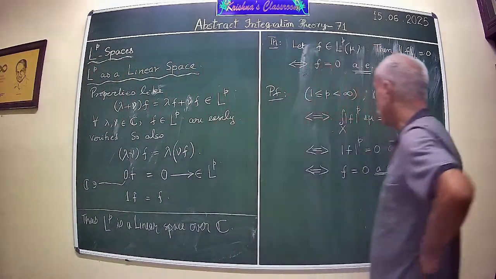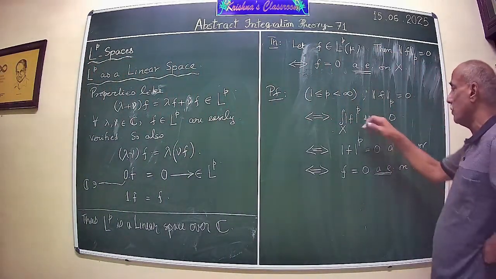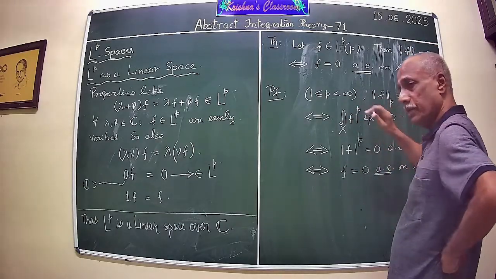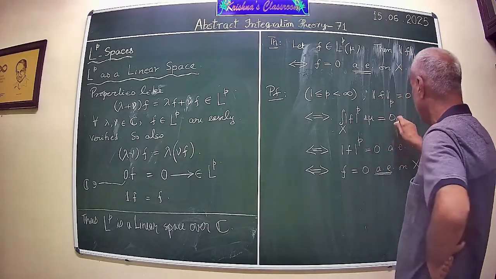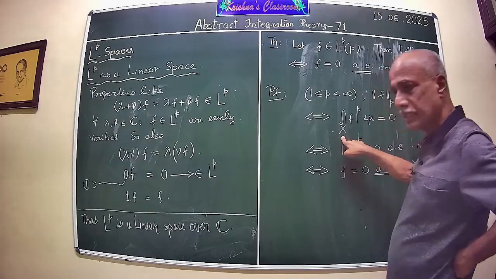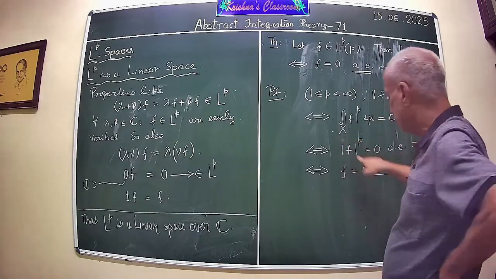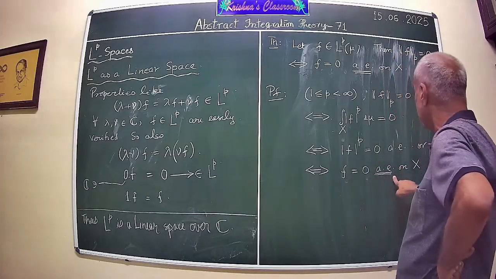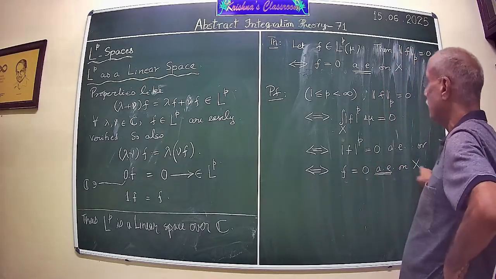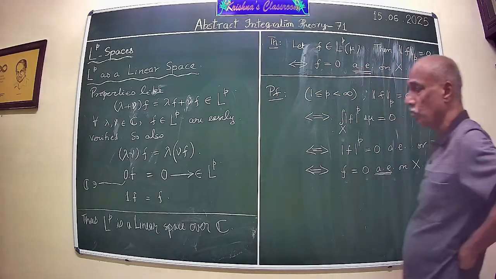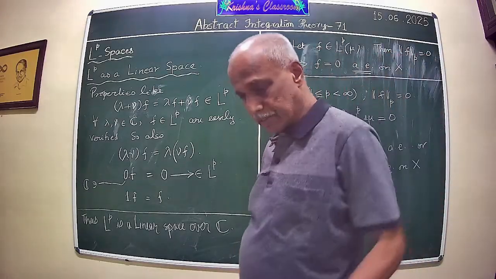No matter what value it takes on a set of measure 0, you always get this 0. Therefore, all that you can assert is that f is equal to 0 almost everywhere on x. Now, this is very important, and this is going to be crucial in our further analysis.